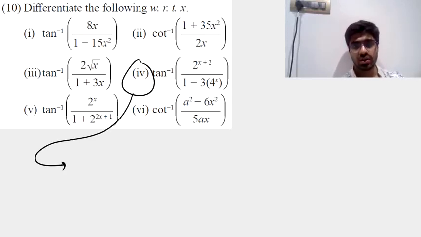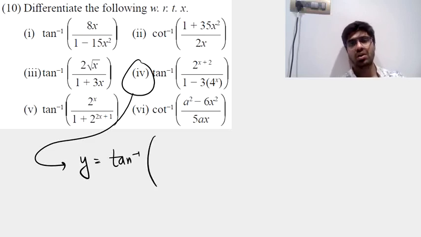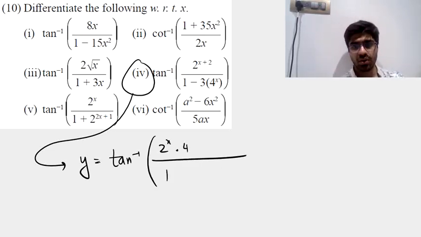Yeah, so we got y as tan inverse of 2 power x plus 2, that's 2 power x into 2 power 2, and 2 power 2 will be written as 4, divided by 1 minus 3 into 4 power x. So we can write that as 2 power 2 the whole power x, 2 power 2x, that is 2 power x the whole square. So it's simply 2 power x into 2 power x.